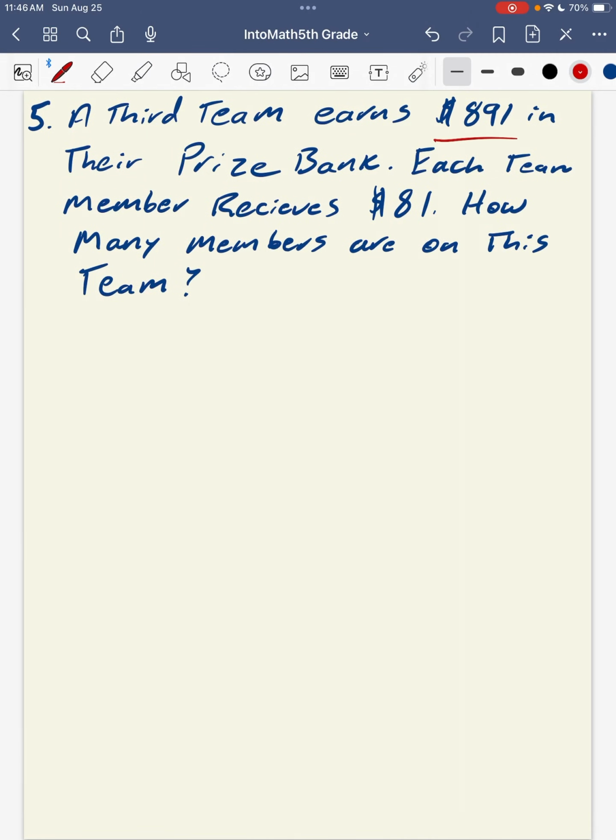Question number 5. A third team earned $891 in their prize bank. Each team member received $81. How many members are on this team running? So our dividend will be 891 divided by 81. Before we get started, let's make an estimate.